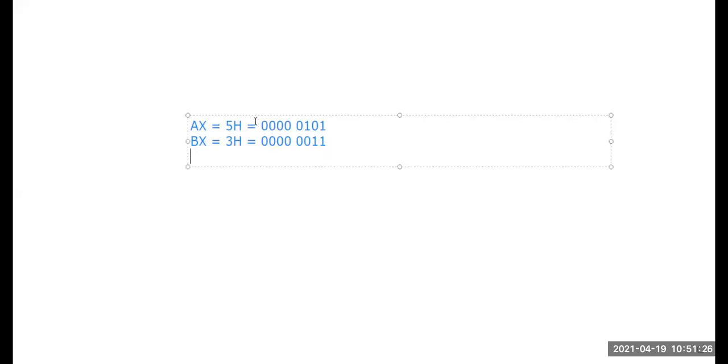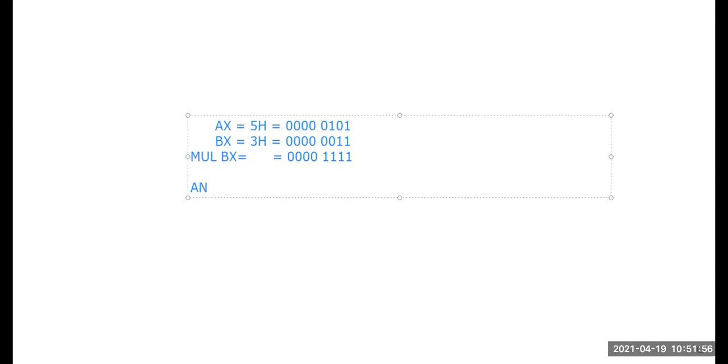Then if we multiply, such as MUL bx, it returns the multiplication of this, which will be 00001111.